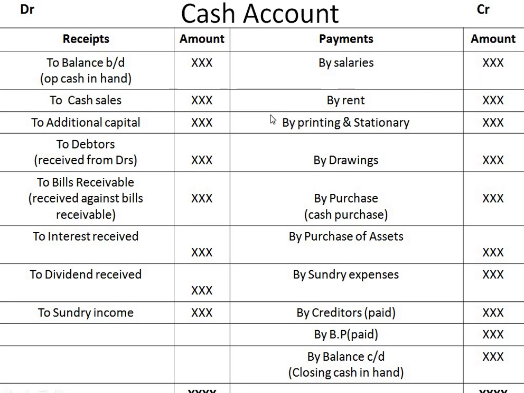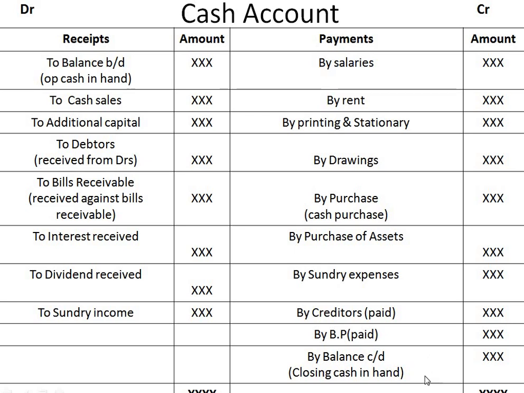Next, by rent, by printing and stationery, by drawings, by purchase, that is cash purchase, not credit, by purchase of asset, by sundry expenses, by creditors paid, by bills payable paid, by balance carried down, closing balance in cash.